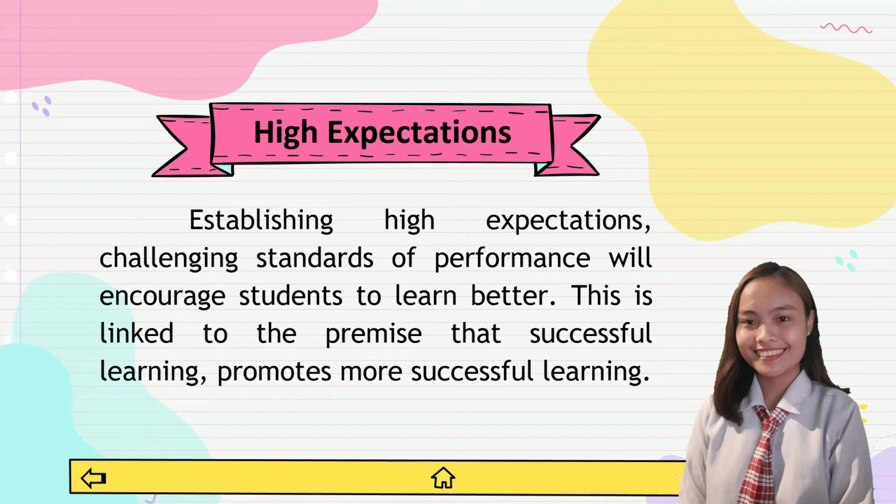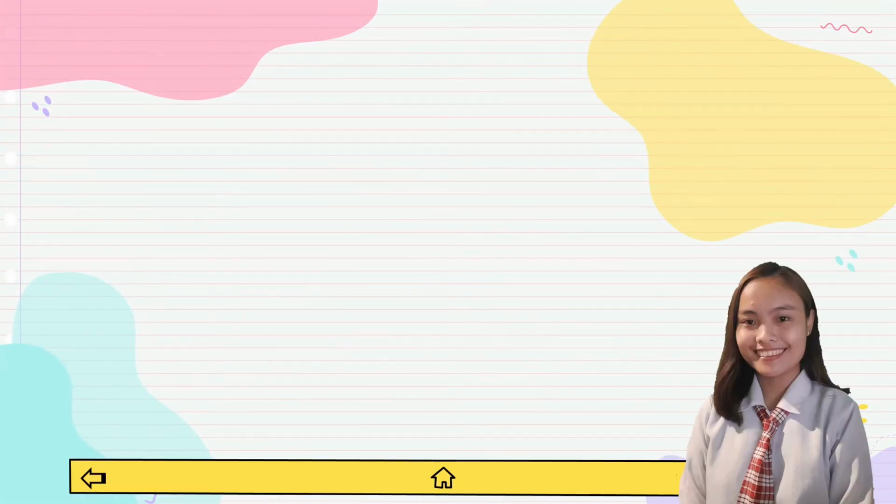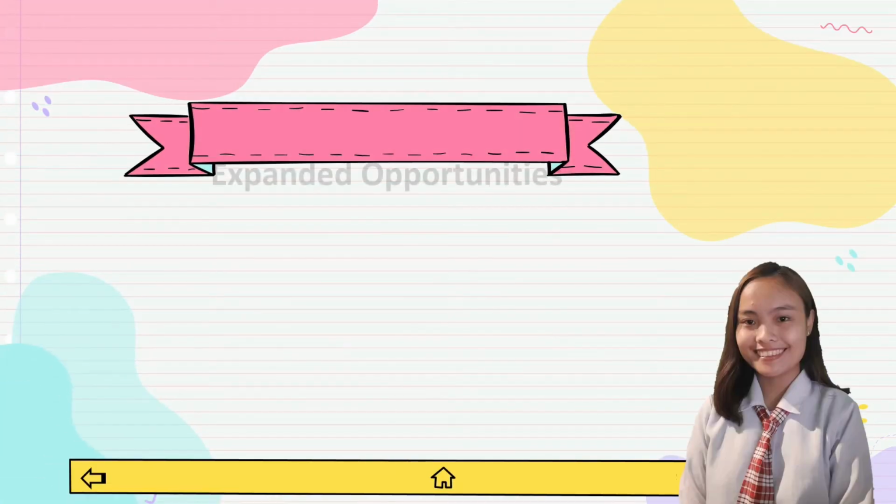When students experience success, it reinforces their learning, builds their confidence, and encourages them to accept further learning challenges. One of the most important reasons for using OBE is that it can help all learners do difficult things well. The last principle is expanded opportunities.